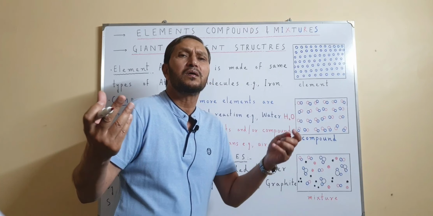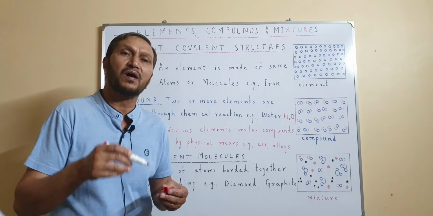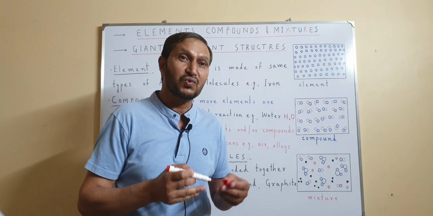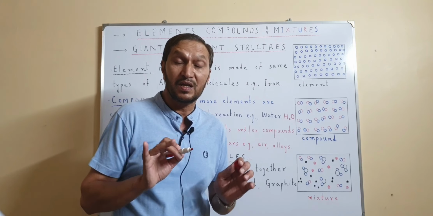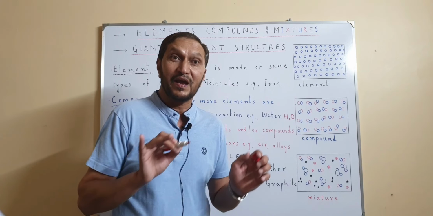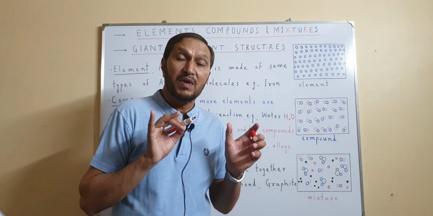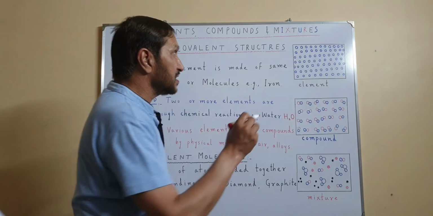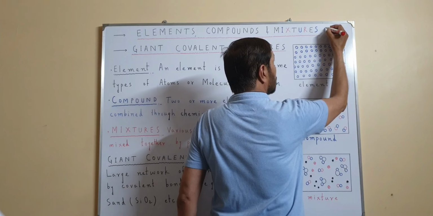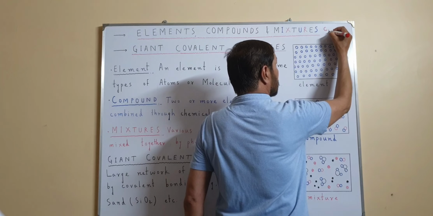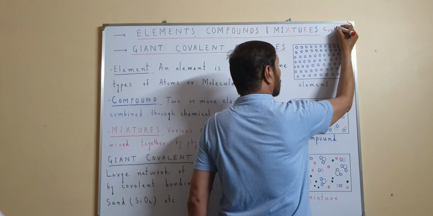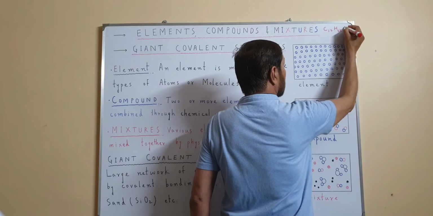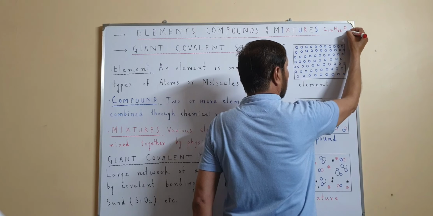For example, if we dissolve sugar in water, water remains liquid in the sugar solution and the sugar remains sweet. The formula of sugar is C12H22O11, for instance. I am talking about sucrose. So this is sweet.